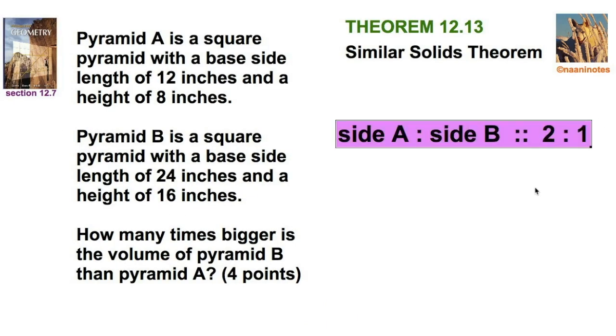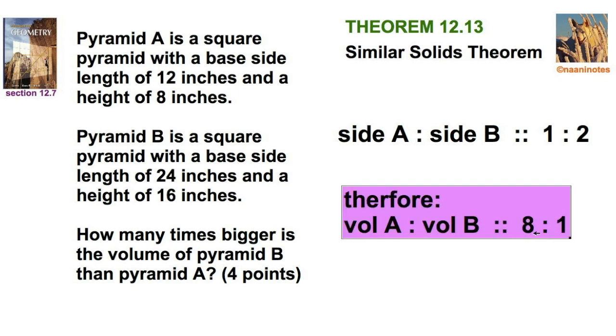The similar solids theorem says, well, if a side of A is to a side of B, so I think I apologize, I wrote that backwards. It should be B to A, but I think you get the idea. So it's going to be 1 to 2. Because B is the bigger one, okay?